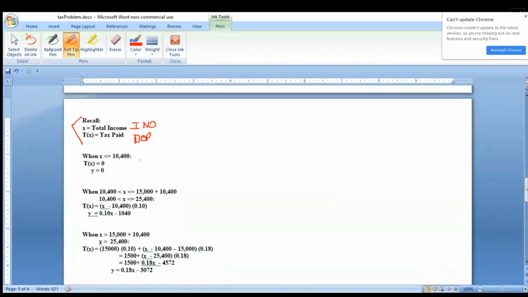Because if we had 10,400 as our total income of X, well, X minus 10.4, that's our taxable income. 10.4 minus 10.4 is 0. So that's 0 taxable income, which means we have 0 tax. Our tax is 0 as well.